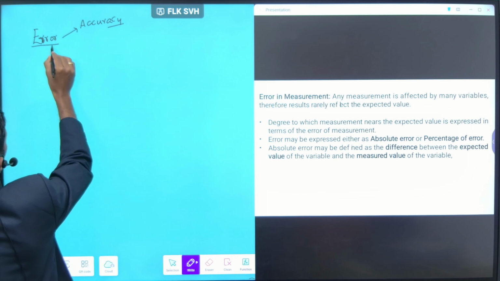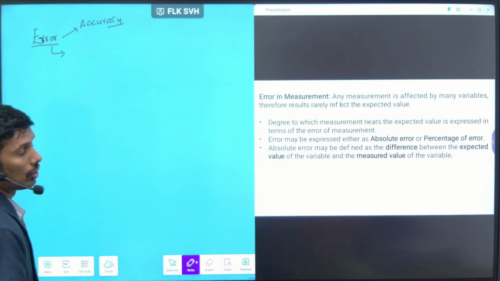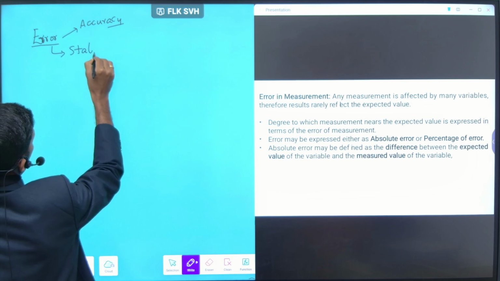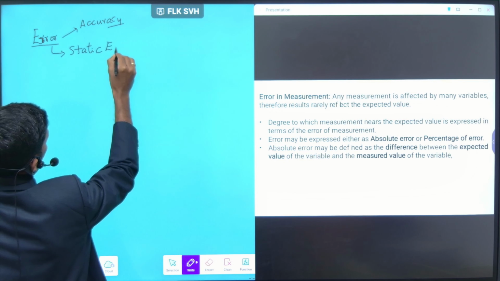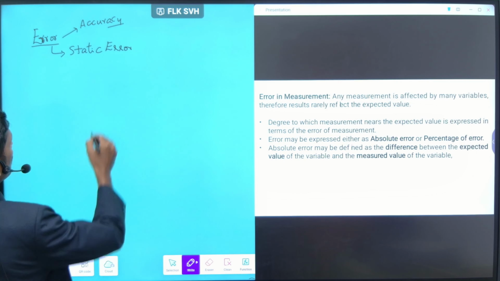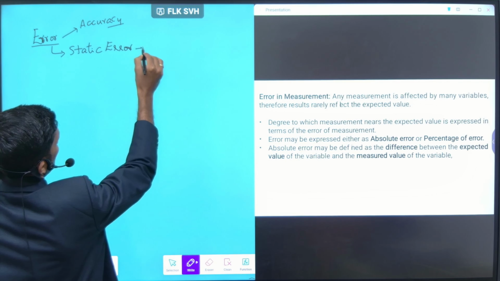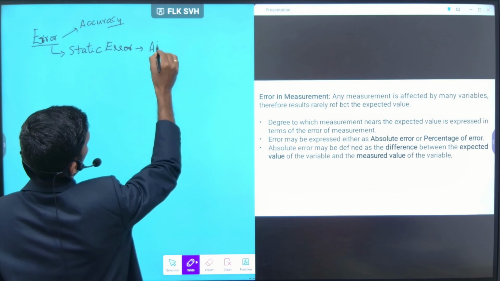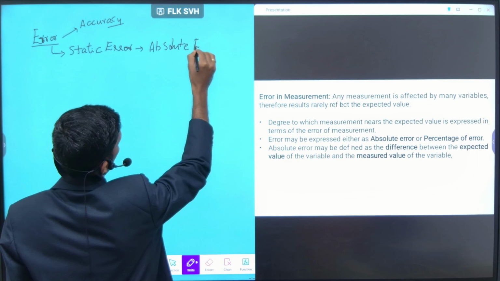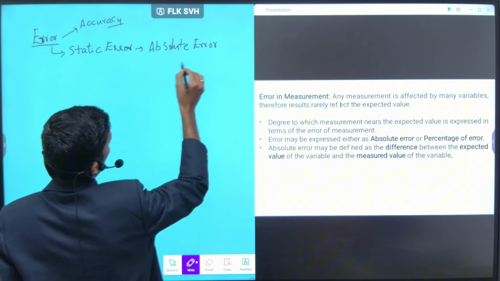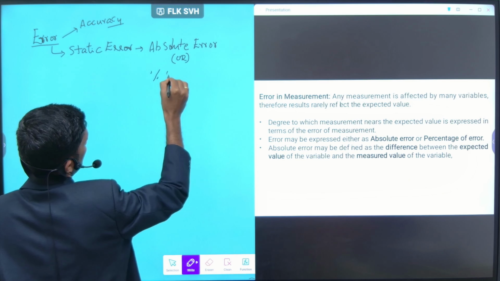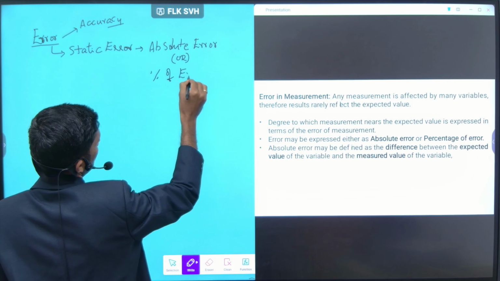First, what is meant by error? This error we can call a static error. This static error can be expressed in terms of either absolute error or percentage of error.